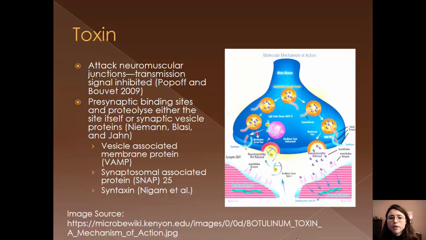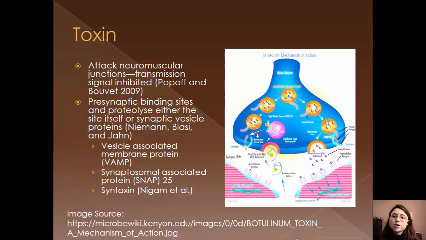First, the vesicle-associated membrane protein VAMP, which has to do with the acetylcholinergic vesicle in which the transmission signal is contained. It also attacks SNAP25 and syntaxin, which are 2 other really important proteins in this pathway.